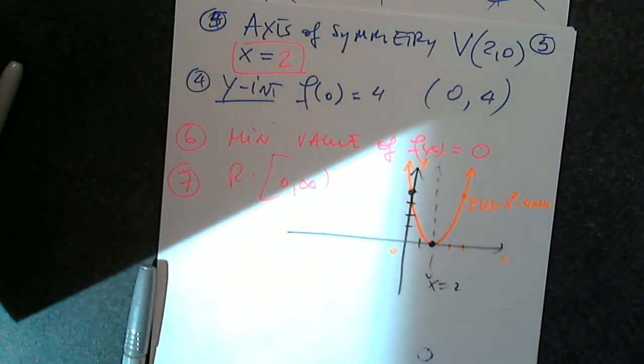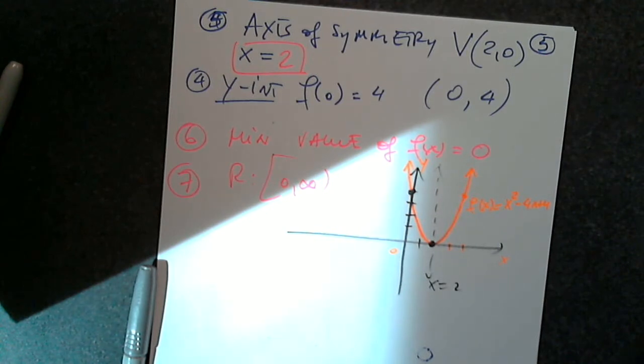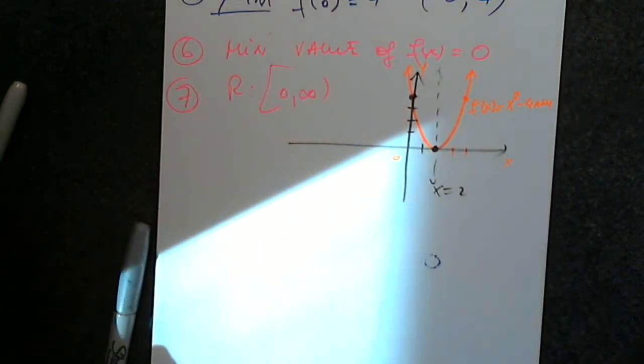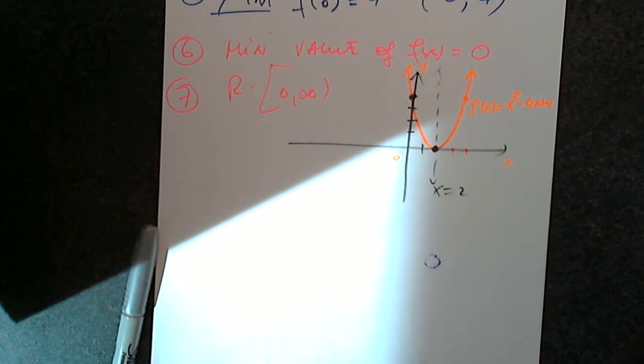Okay, now I would like to look at some word problems. We practiced these before, but let's look at more word problems that involve quadratic models. And here's one. So let's take a look at this experiment.